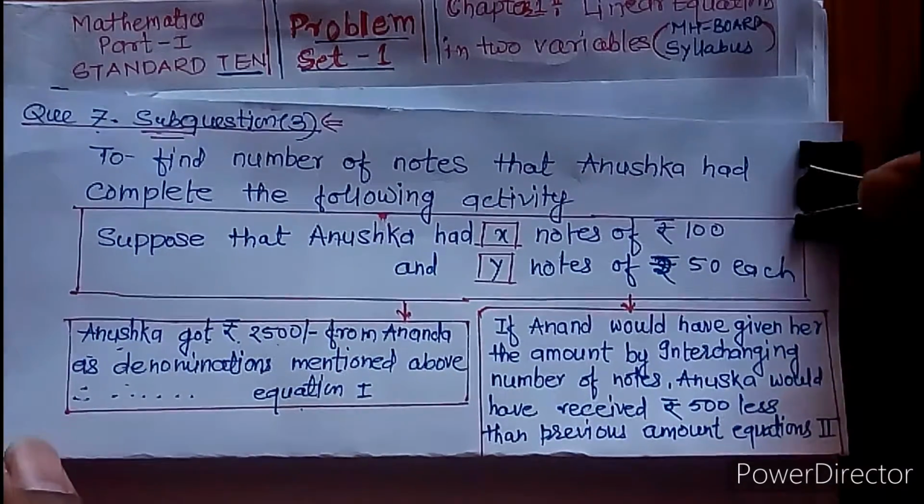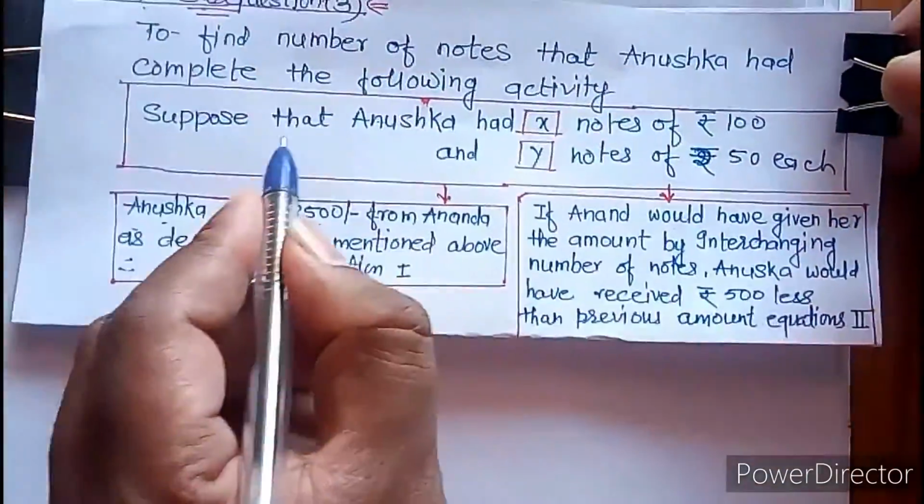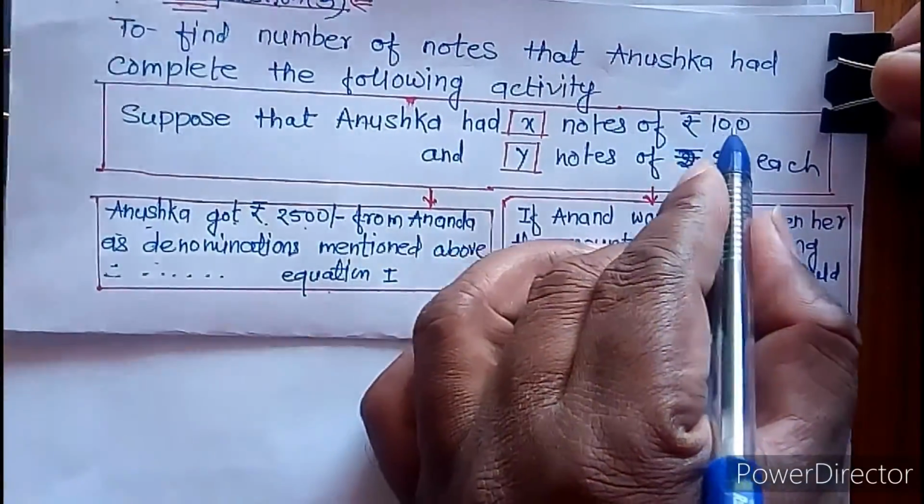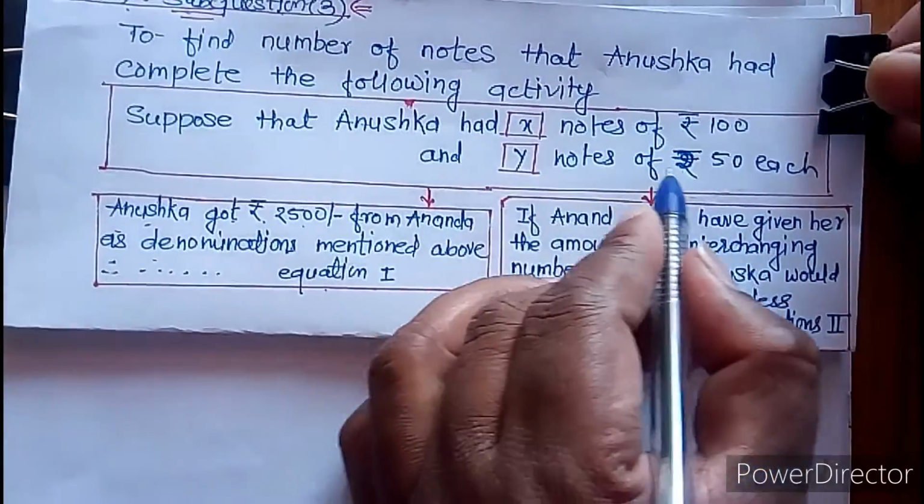Now moving to the solution part. Here the first condition is given: suppose that Anushka had X notes of 100 rupees and Y notes of 50 each.